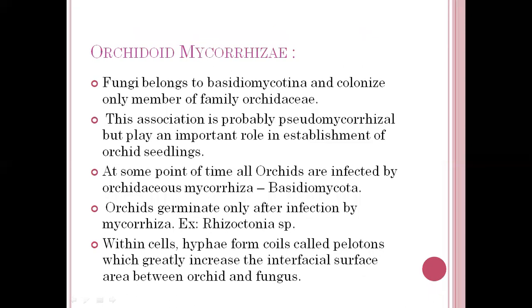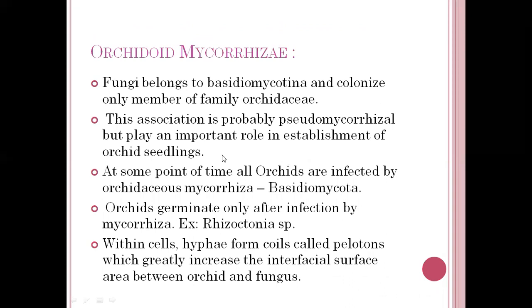The second type is the orchidoid mycorrhiza, and the fungi that form such mycorrhiza belong to the Basidiomycotina. They colonize only the members of the family Orchidaceae, and this association is probably pseudomycorrhizal, but they play an important role in the establishment of orchid seedlings.